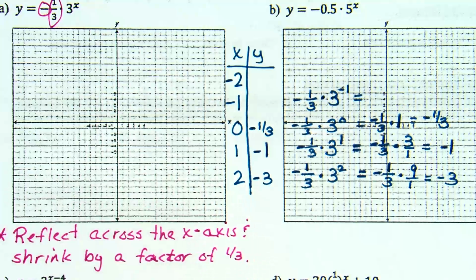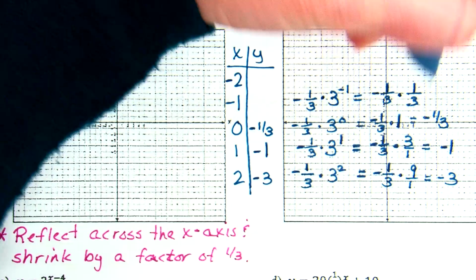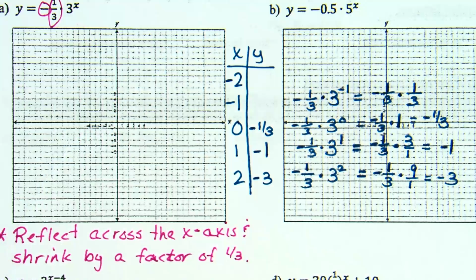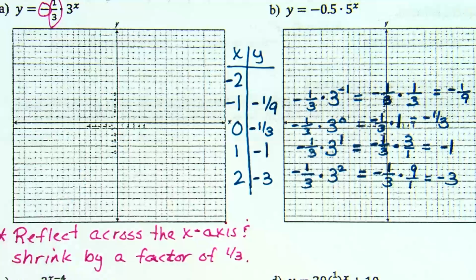A negative exponent to become positive moves to the denominator. So we already have the negative 1/3 out there first. 3 to the negative first is 1/3. I should have set this up better. Oh well. Negative 1/3 times positive 1/3 is negative 1/9.